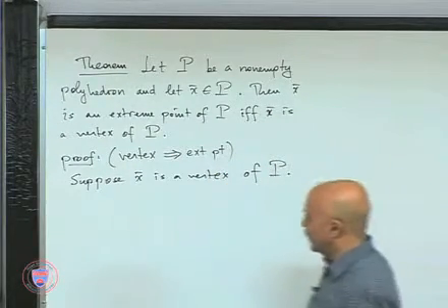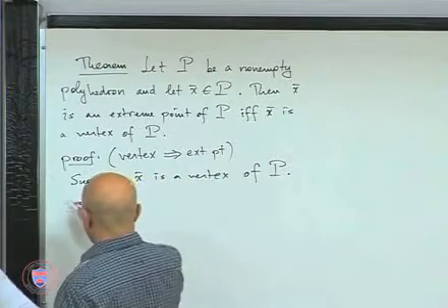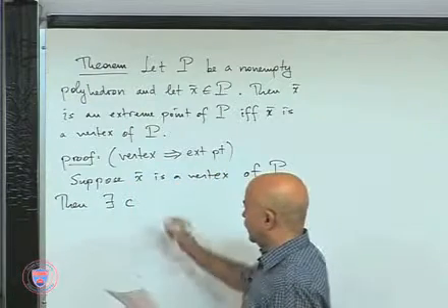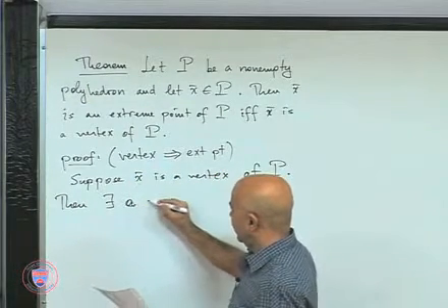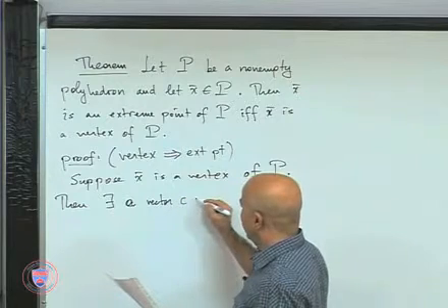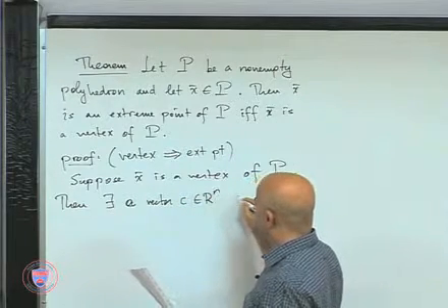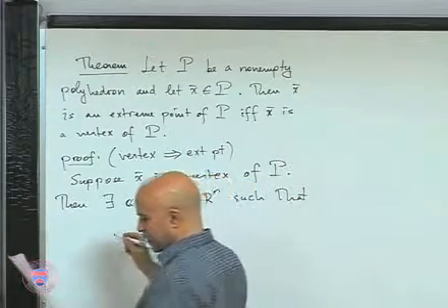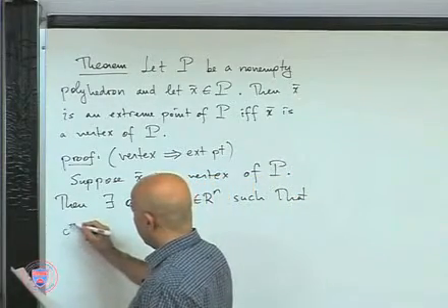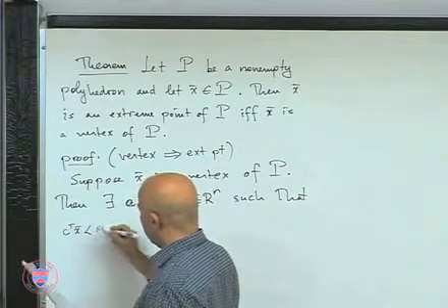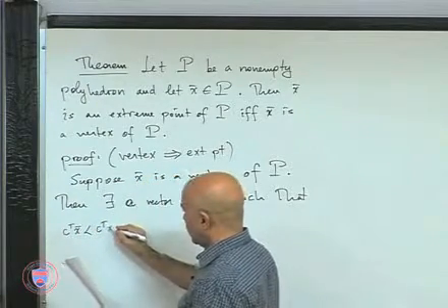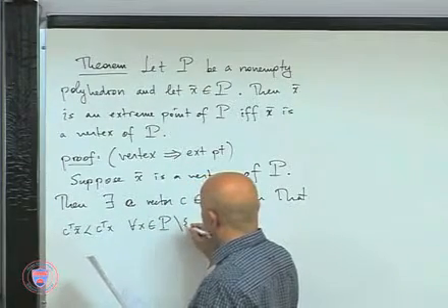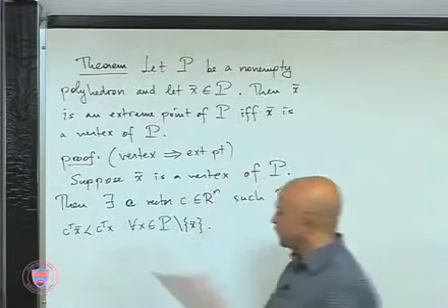And when that is the case, of course, there exists a vector C in Rn such that the definition applies, which means C transpose x bar is less than C transpose x for every x in P minus x bar. Okay?